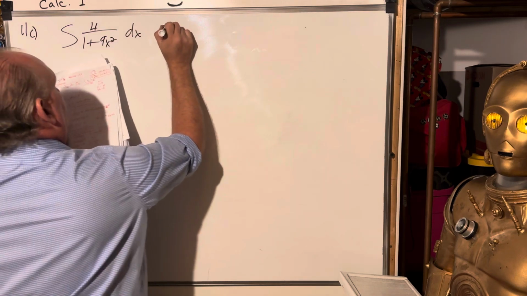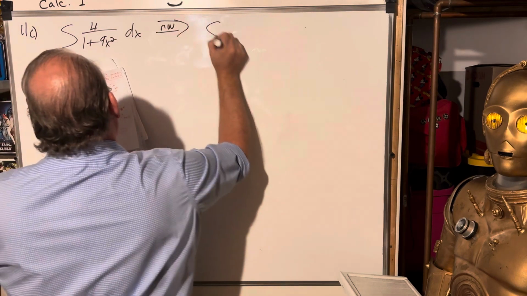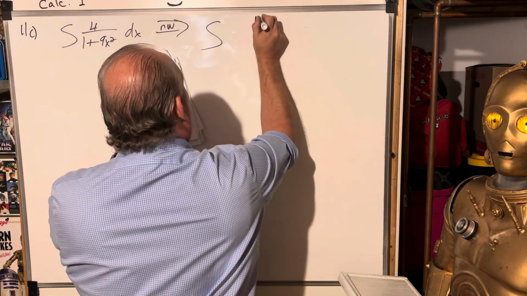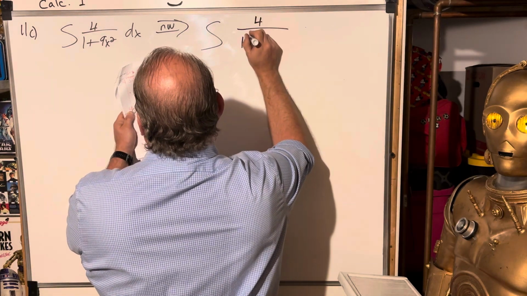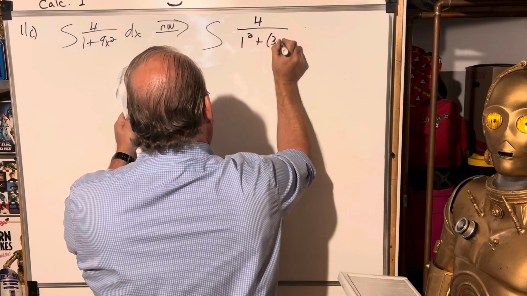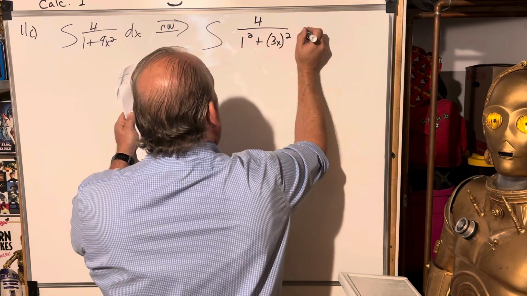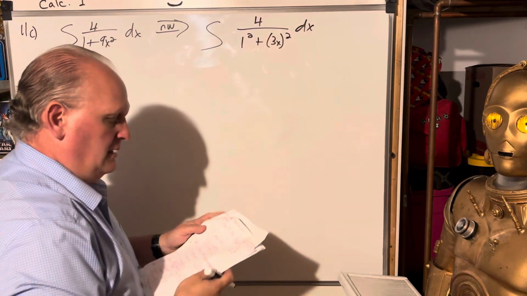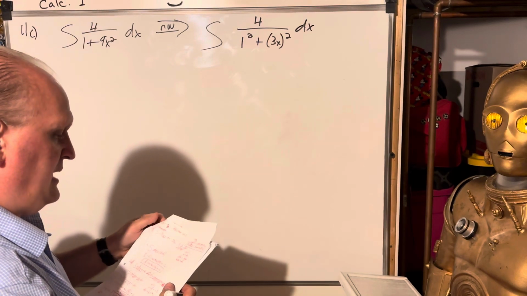So let's rewrite it: 4 over 1 squared plus 3x squared dx. So we're going to use the arctan formula.